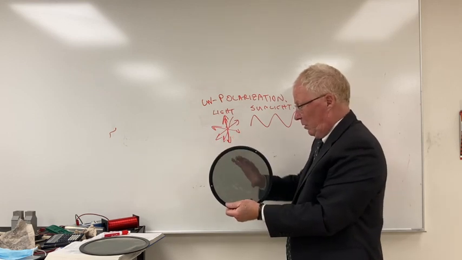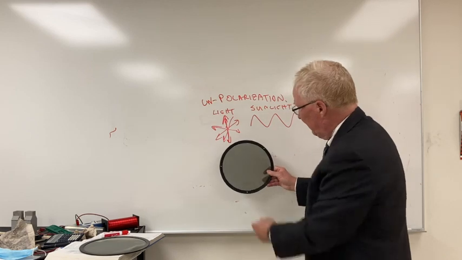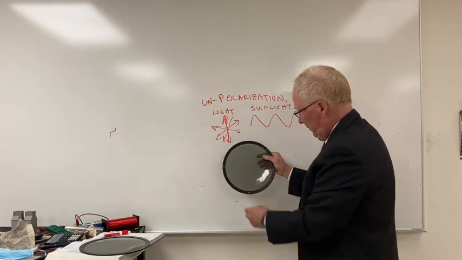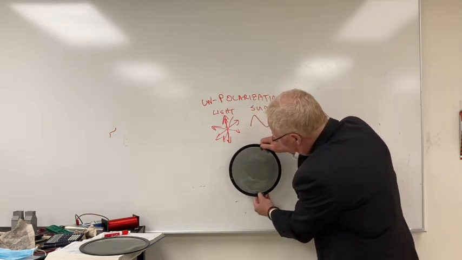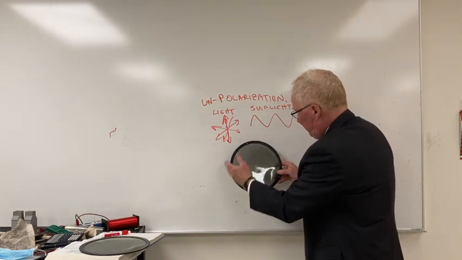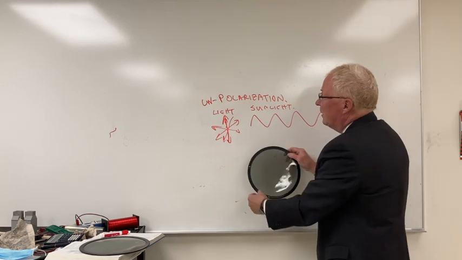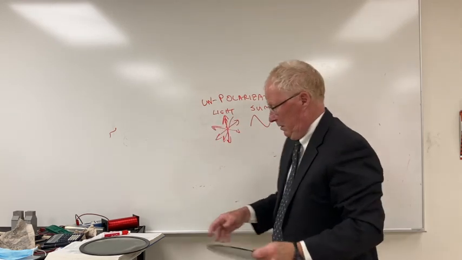All the light coming in is unpolarized, and it comes out polarized. If I rotate this, notice it doesn't really change much, because all it's doing is picking off one direction and leaving the rest. So the intensity is not changing much.